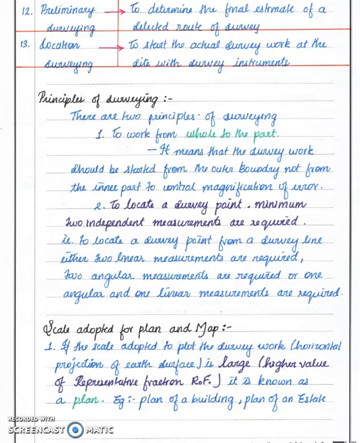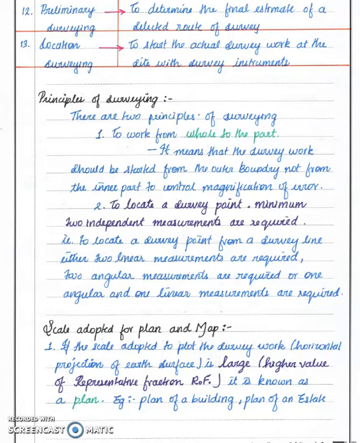For example, a point is located at 4 meter with an angle of 30 degrees. We can fix that point. Similarly, a point has 5 meter along the y-axis and 2 meter along the x-axis. By using this data, we can fix that particular point.